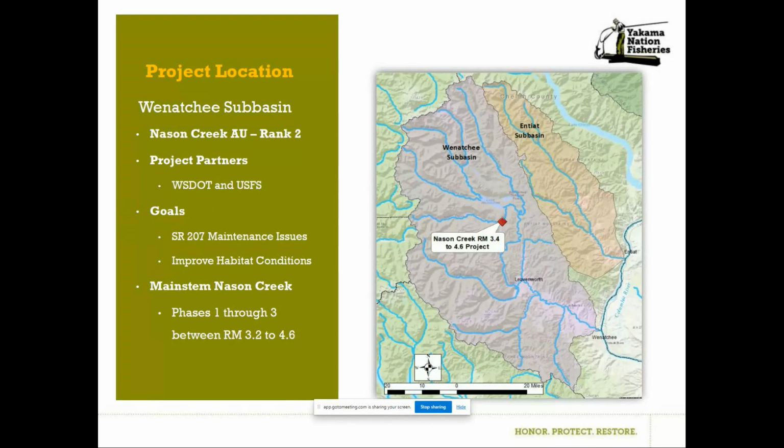The goal for this project area is to reduce WashDOT's long-term maintenance issues between State Route 207 and Nason Creek interactions while incorporating habitat restoration actions that would benefit aquatic environment.